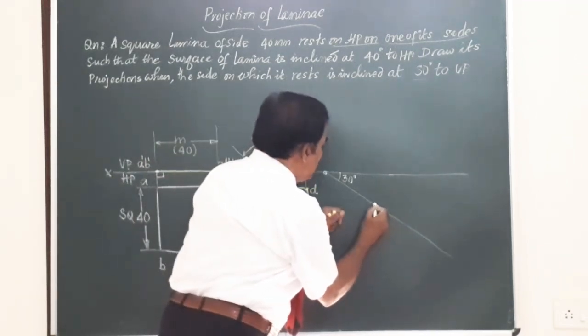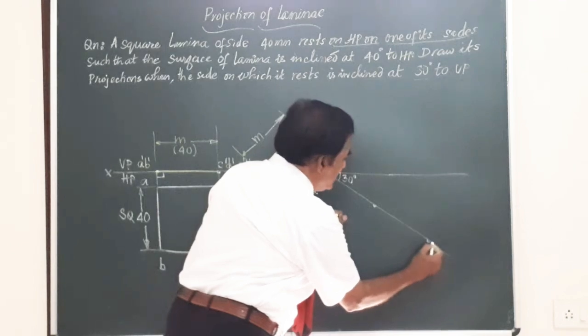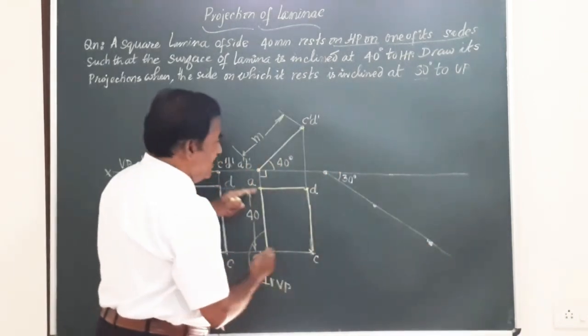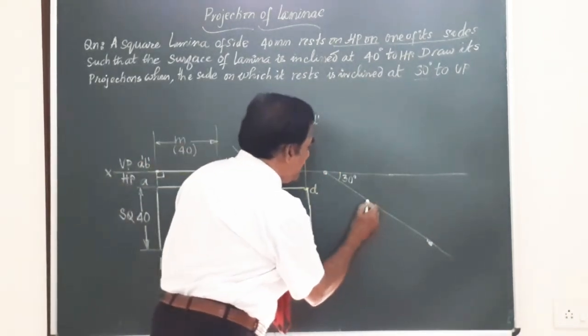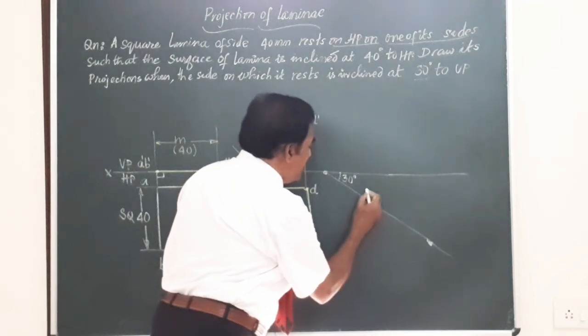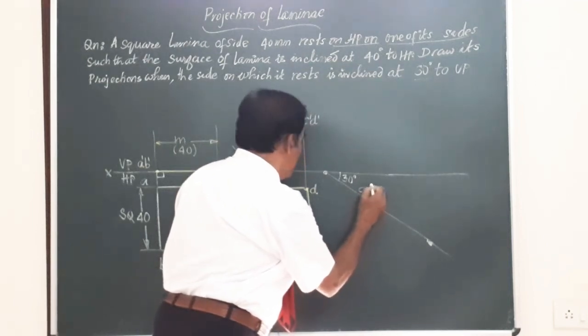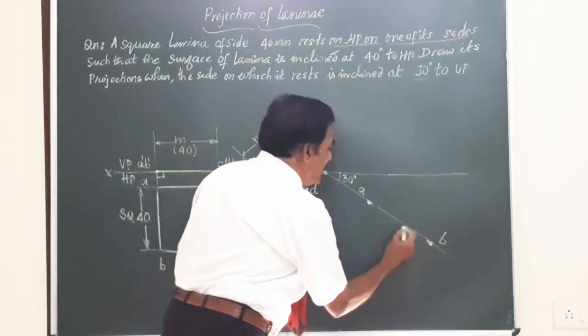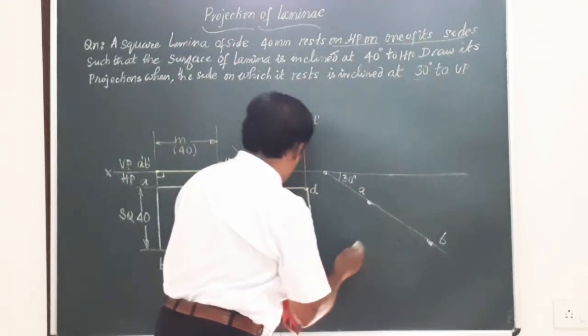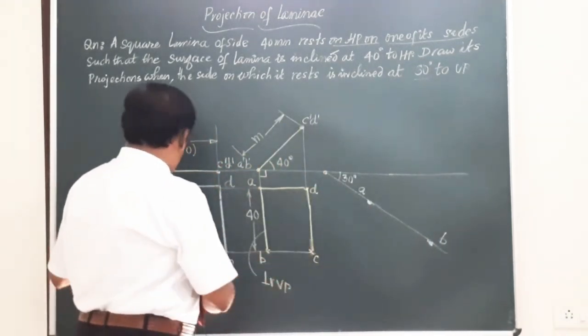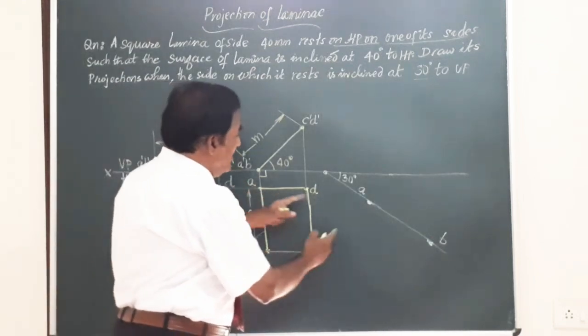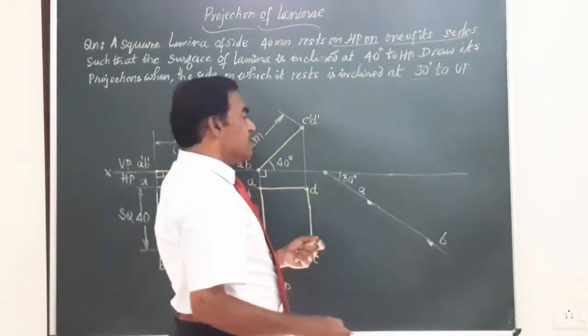So friends, I will just mark that here. So this is 40 millimeter. Again I mark here as 40 mm. So you can call this AB. This AB is again, for your information, equal to the same. Remember, this side AB and the AB you are getting here, they are all the same.